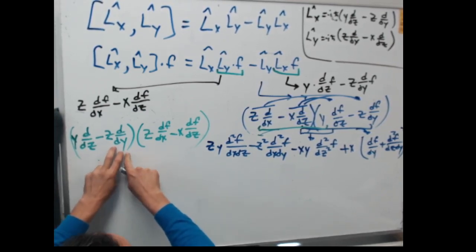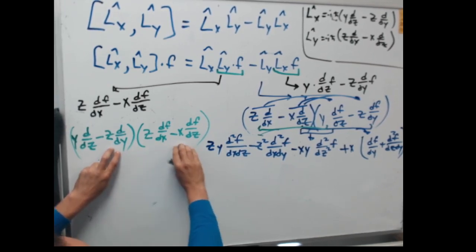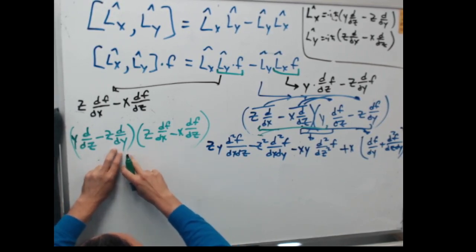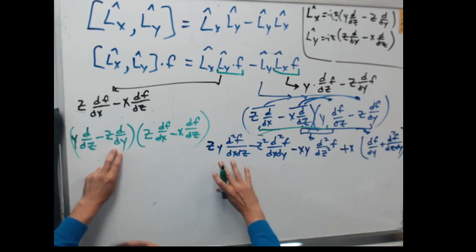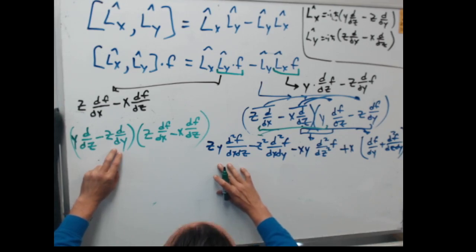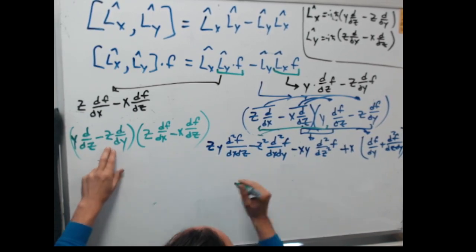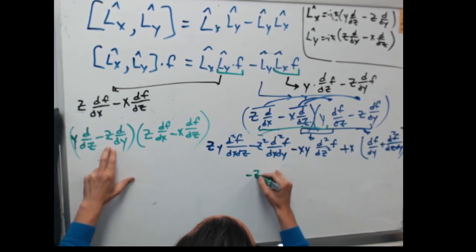This one is going to be the easier one. So this dy, you notice in this chunk, I've got no y values. So this thing is going to be easier. So I'm just going to go ahead. I'm now looking for places where things are going to match up, and I think I'm going to get myself in trouble trying to do that. So actually, no, I'm not. I get a negative z squared.